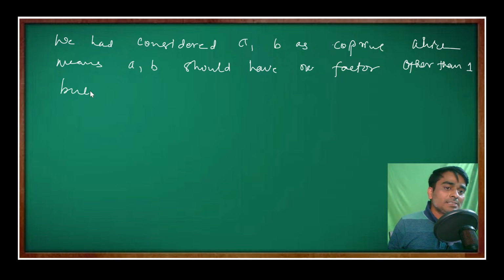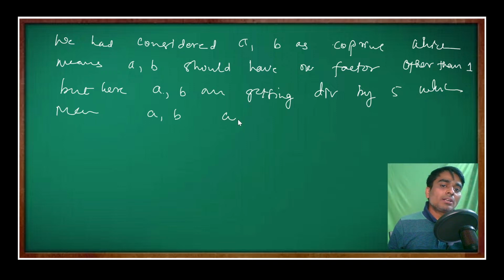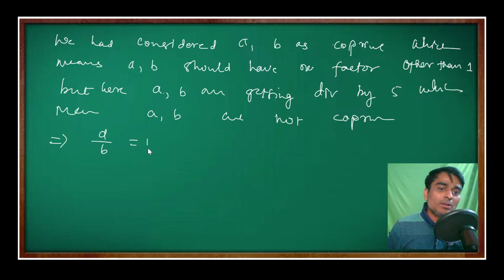But here A comma B are getting divided by 5. Okay, which means A comma B are not coprimes. This implies A by B equal to root 5 is not rational. So our assumption is wrong.